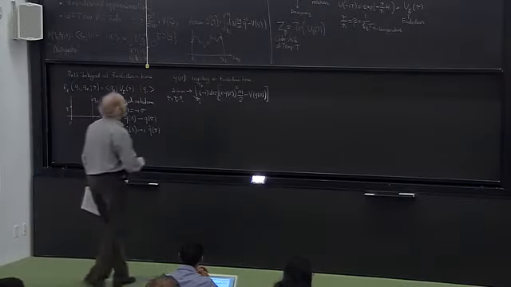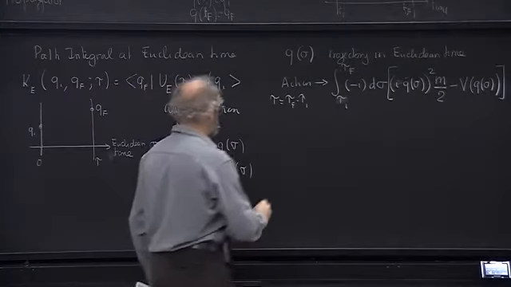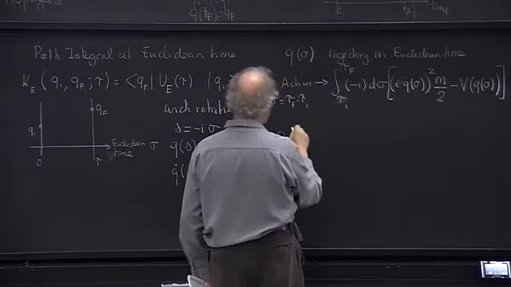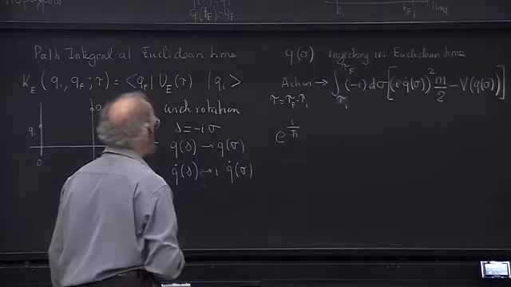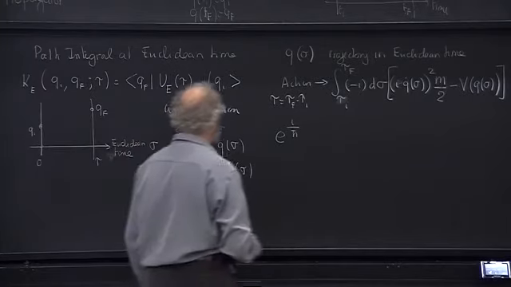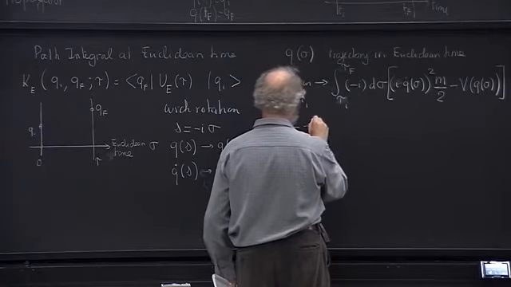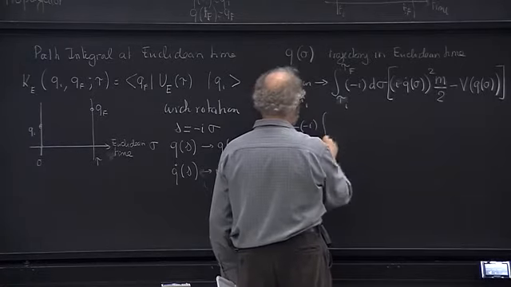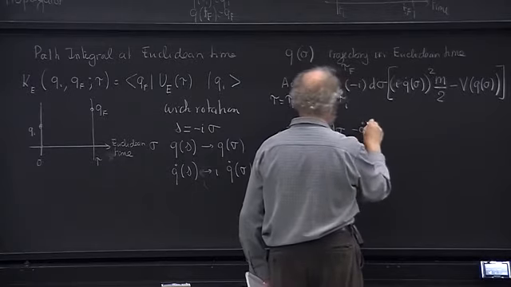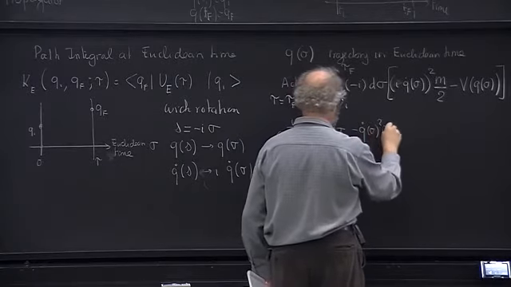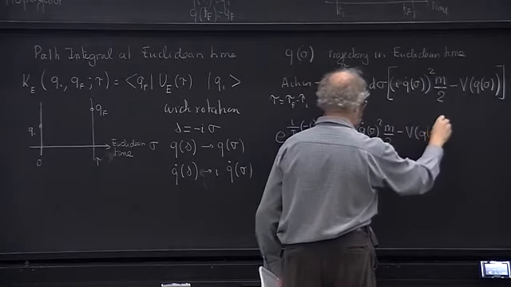So you see that the phase, the quantum phase in the path integral, becomes exponential of i over h bar, minus i integral d sigma of minus q dot of sigma squared m divided by 2 minus V of q of sigma.